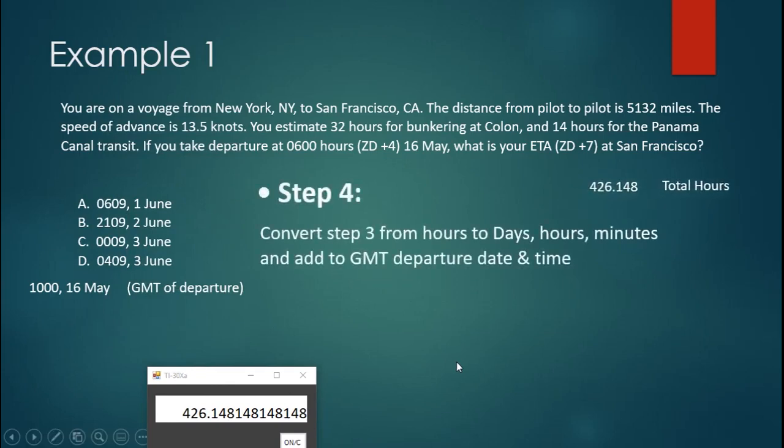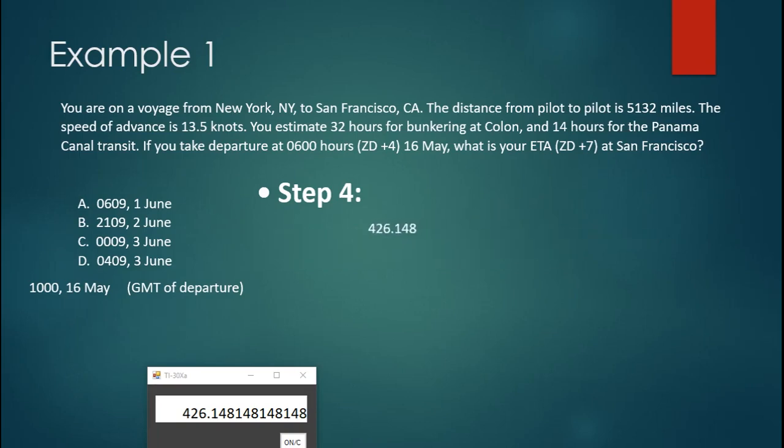That gives us the total hours, and we need to convert that from hours to days, hours, and minutes, and add it to the Greenwich Mean Time of Departure. So we'll take that whole thing and we'll come up with 17.756 days.